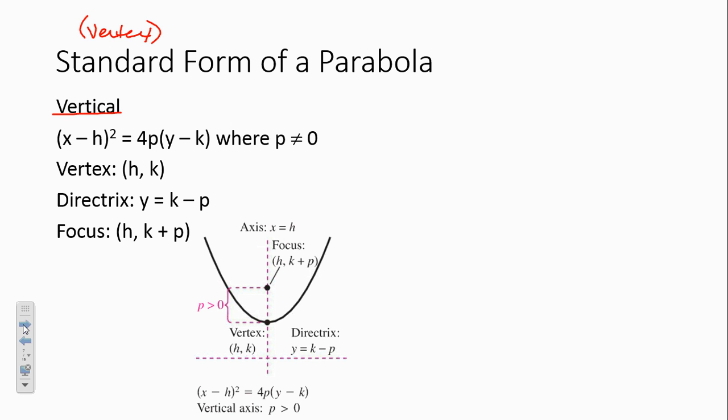So p is just how far that focus is away from the vertex and how far the directrix is away from the vertex. Okay? Don't concern yourself so much about which one's plus and which one's minus, because we're going to remember focus is always inside, directrix is always outside.